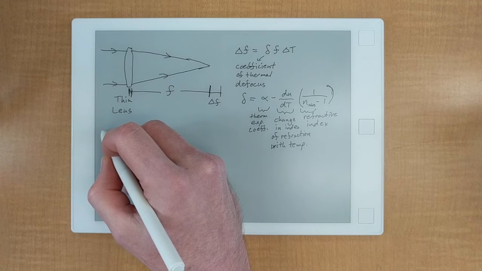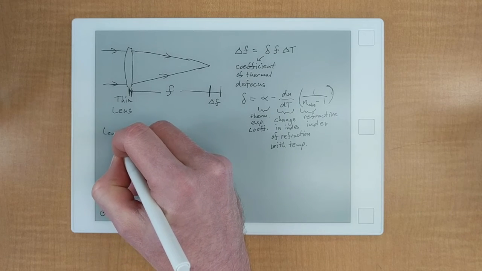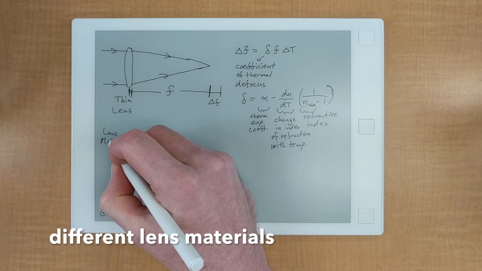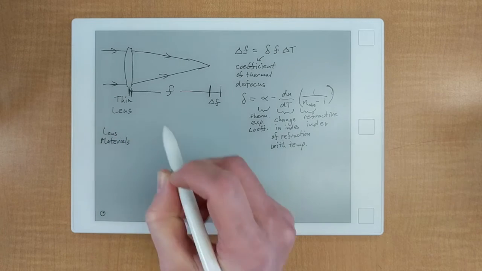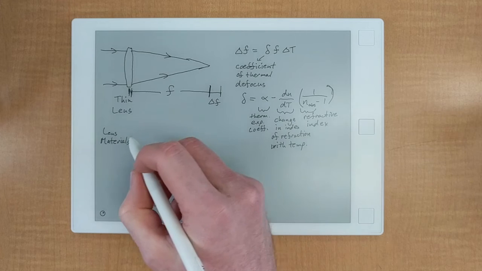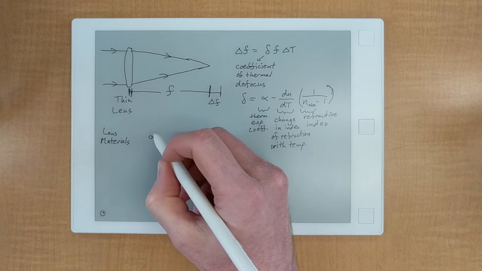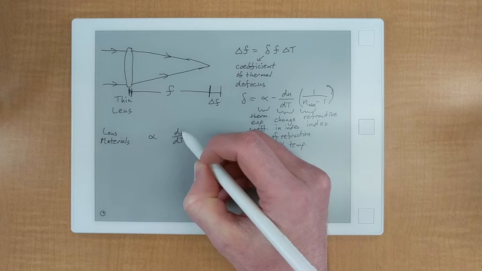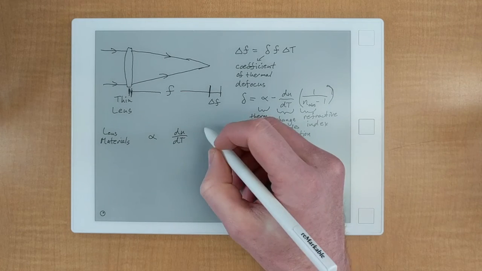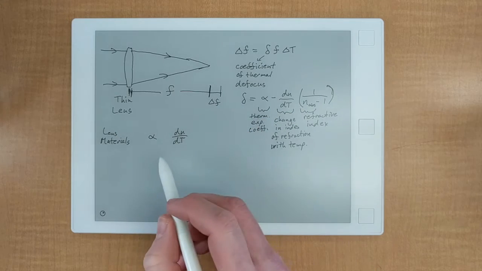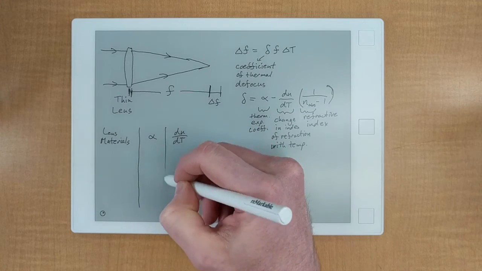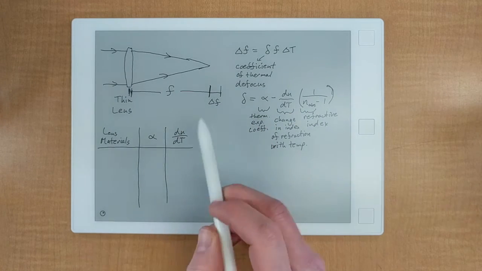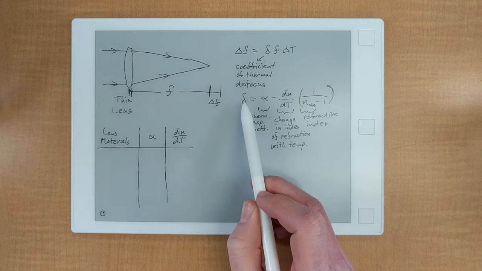So if you look at different lens materials, you can start to see different classifications. And if you compare their thermal expansion coefficient and their change in index of refraction with temperature, you can start to understand how they will affect your delta.